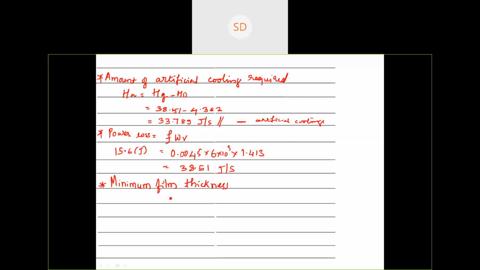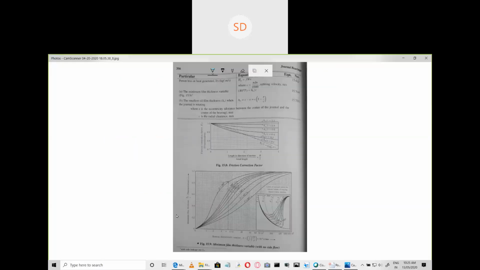So to get the minimum film thickness, you need to calculate first the bearing characteristics number. Refer to figure number 15.9 from your design data book. This is a figure, not an equation.